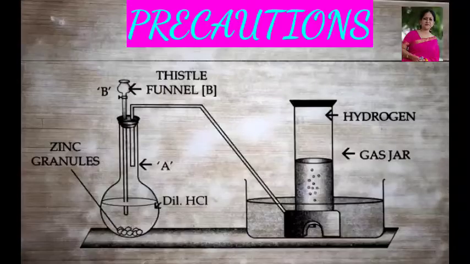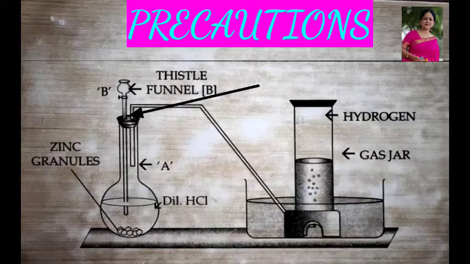Right? Now we come to some precautions. What precautions do we take while conducting this experiment? The apparatus should always be airtight and there should be no leakage of the gas. Why so? Because this gas is highly explosive when it comes in contact with air. So there should be no flame around either.